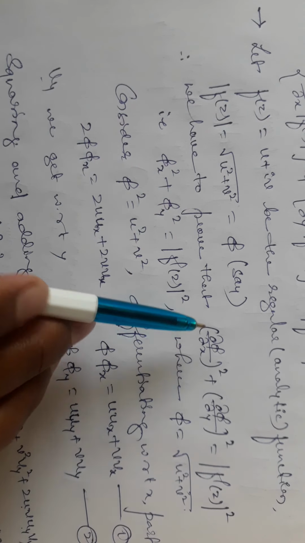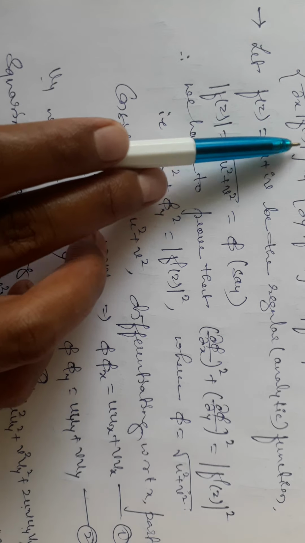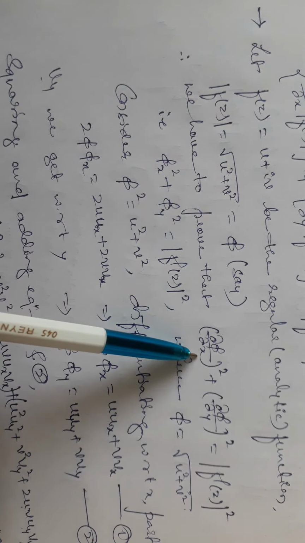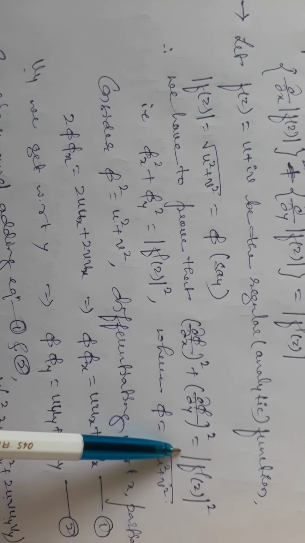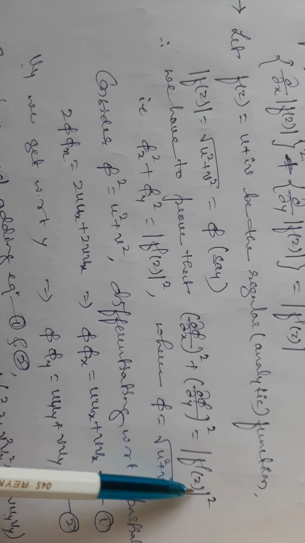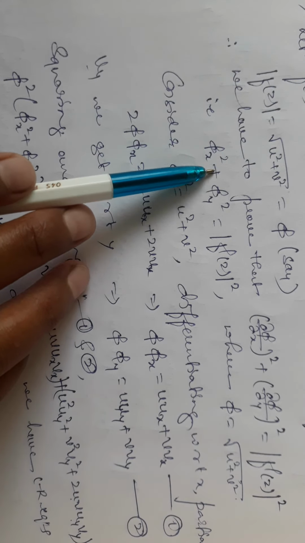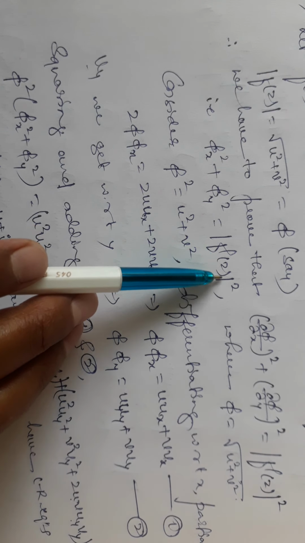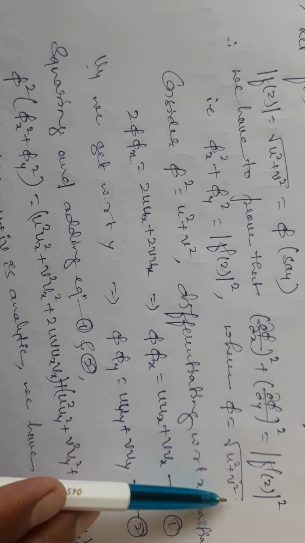We have to prove that mod f of z is phi. Therefore, del phi by del x whole square plus del phi by del y whole square equal to mod f dash of z whole square. That is phi x square plus phi y square equal to mod f dash of z whole square, where phi is square root of u square plus v square.